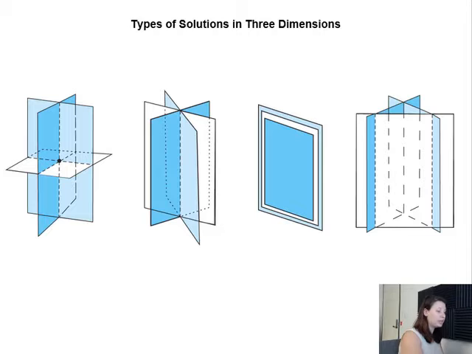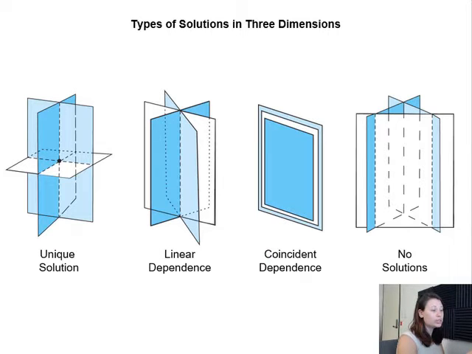So let's name them like we did. This is the unique solution, and then linear dependence, because right here, this is a line. And then this is the coincident dependence, all the same. And then the no solutions, like we said.